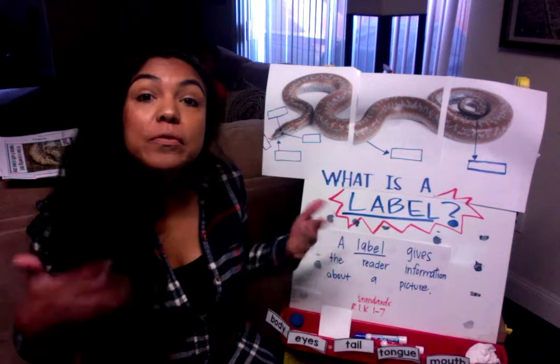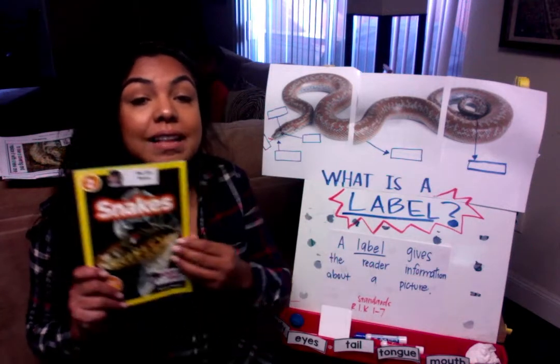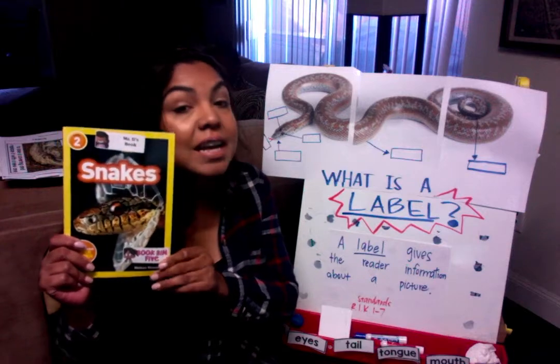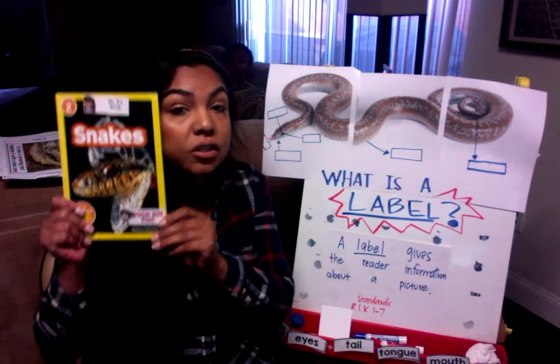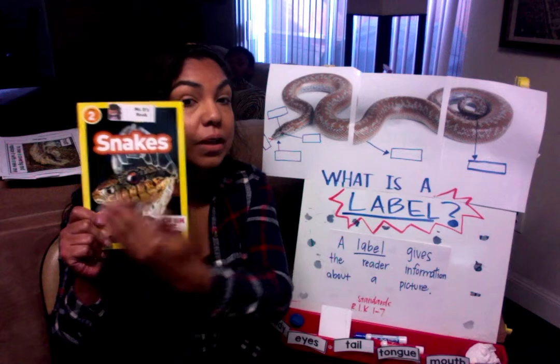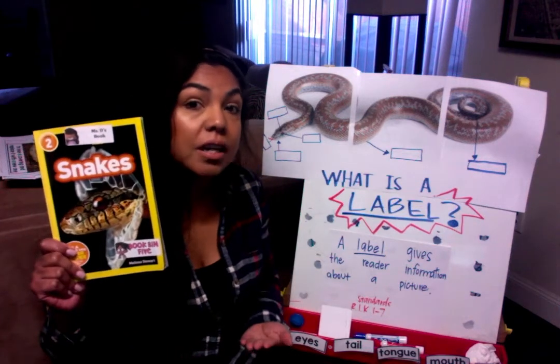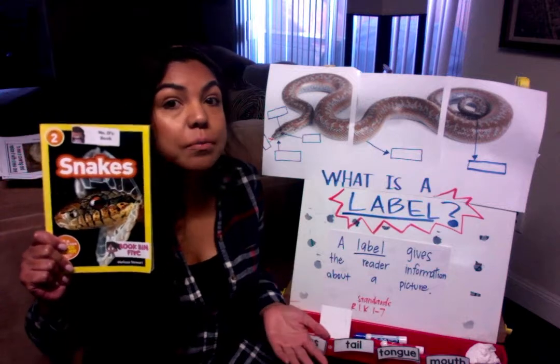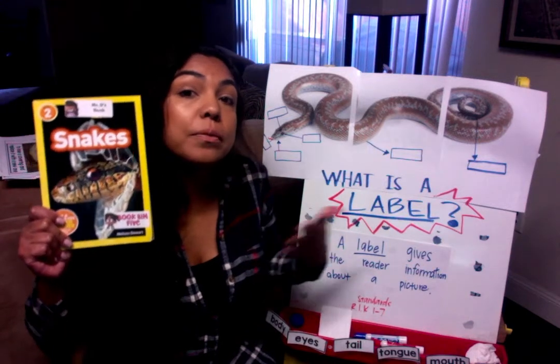So it gives me more information because I want to know more. And these are called what kind of book? Informational books. Good. So when I read informational books just like this, I'm looking at real pictures and real information. I want to know more about what I'm reading, and because of that, we label. A label gives us more information.